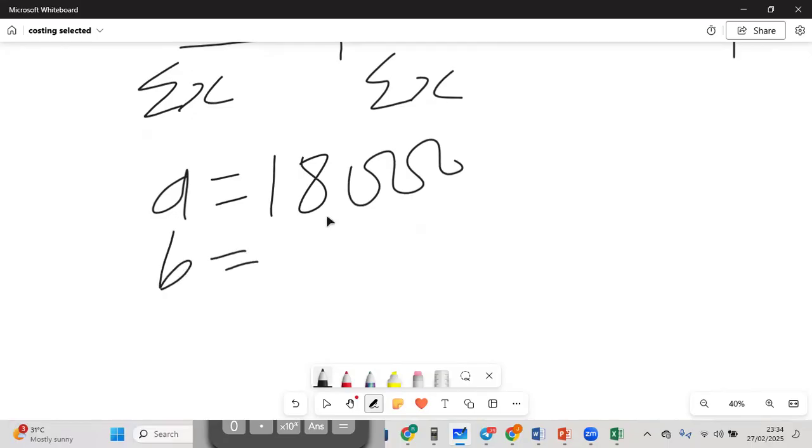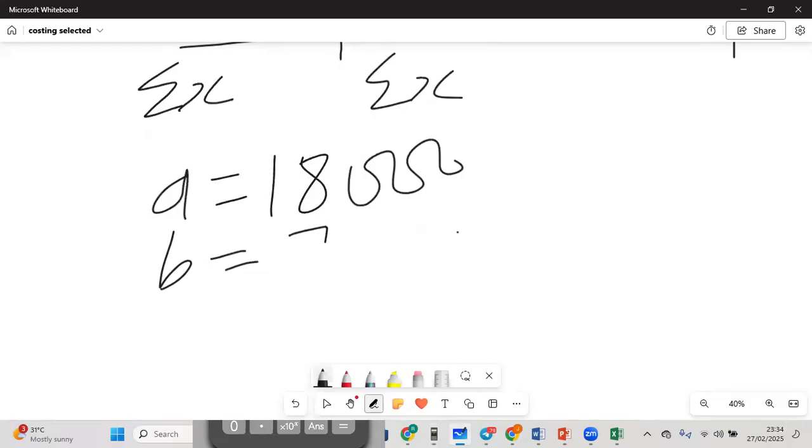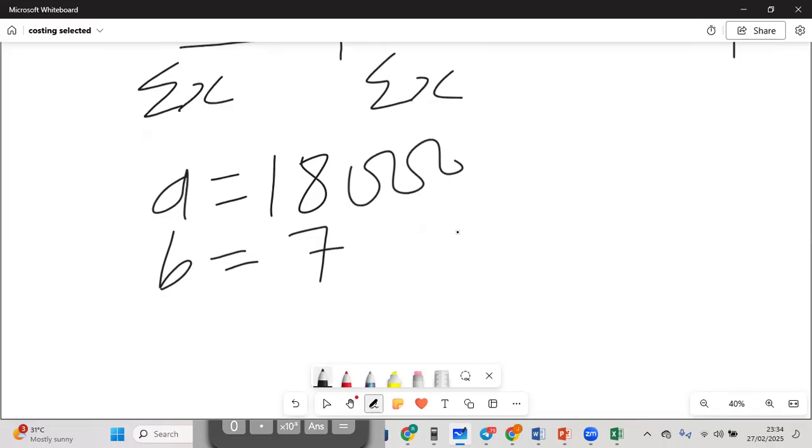Then let's look for B. Shift 1, 5, then B is 2, enter. B is 7. So you see, it is the same thing like what we did for the high and low, right?